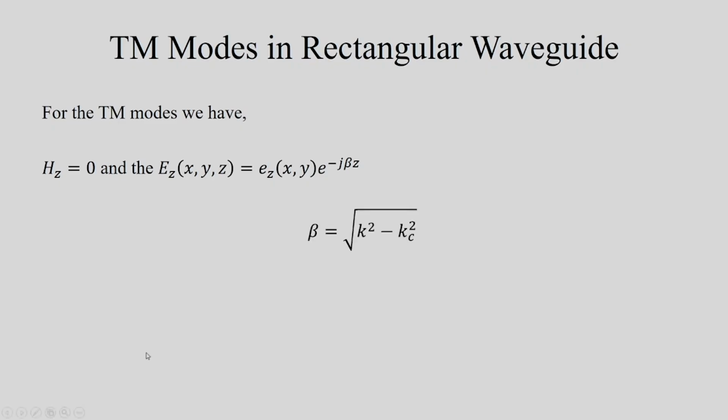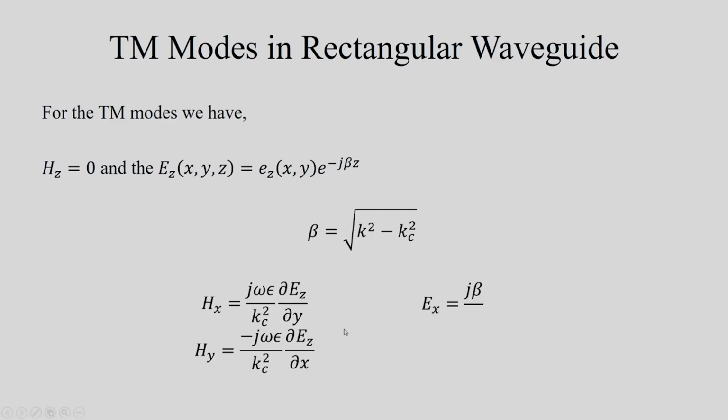Now, beta is given by root of k square minus kc square, and Hx, Hy, similarly Ex and Ey in terms of Ez can be expressed in the form shown.